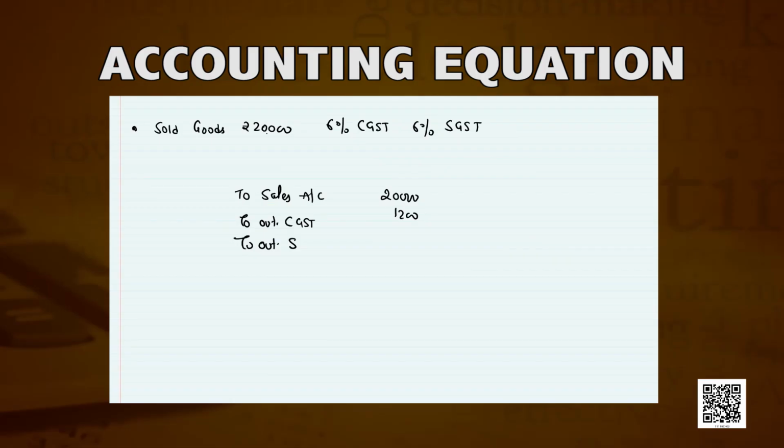This is what we do for journal entries of GST while buying goods and while selling goods. I hope these entries are very clear to you. This is all for purchase of goods and sale of goods with GST or, say, without GST.